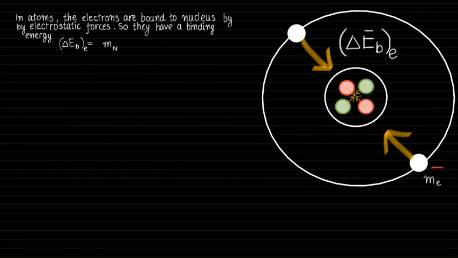This electron's mass is Me. So the mass of an individual electron is Me. Now how many electrons will be there? The number of electrons will be equal to the number of protons. If there is one proton, then there will be one electron. If two protons, then two electrons. So I can say that the number of electrons also is Z, which is your atomic number.